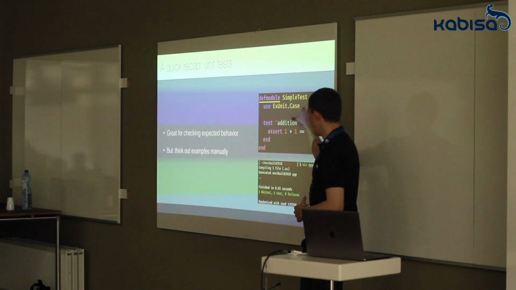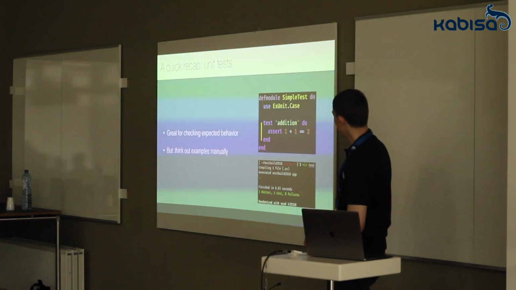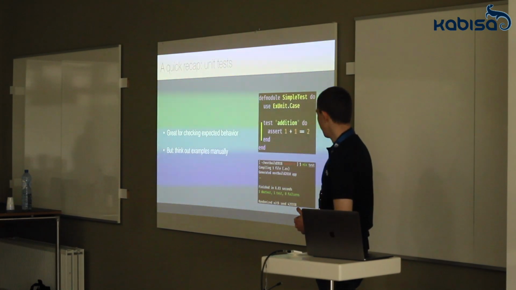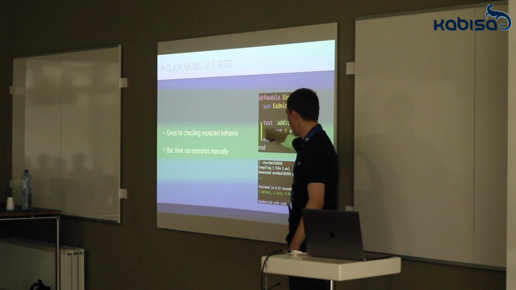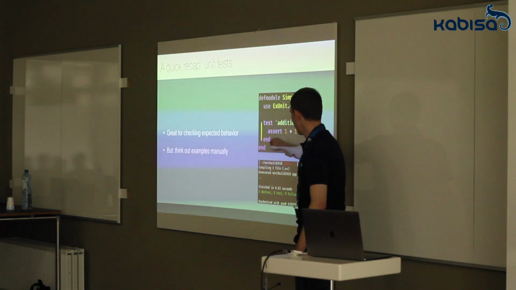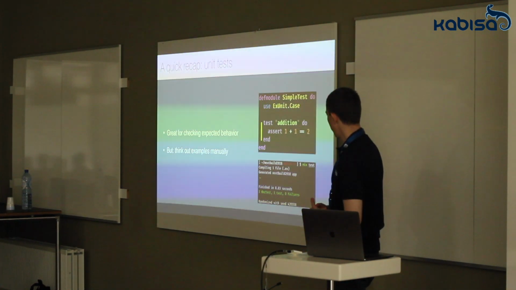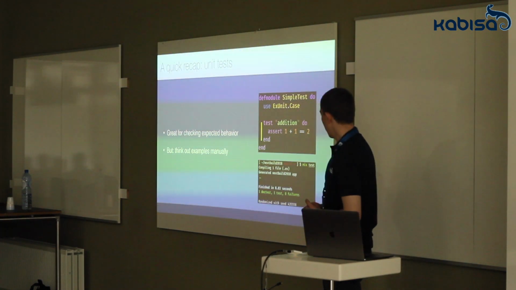In this case, it's simple test. And then we can start writing our tests. Elixir is really flexible, so it uses macros underneath the hood to allow custom syntax. Here we have the test macro and the assert macro, and it allows for a very readable and clean notation of our tests.